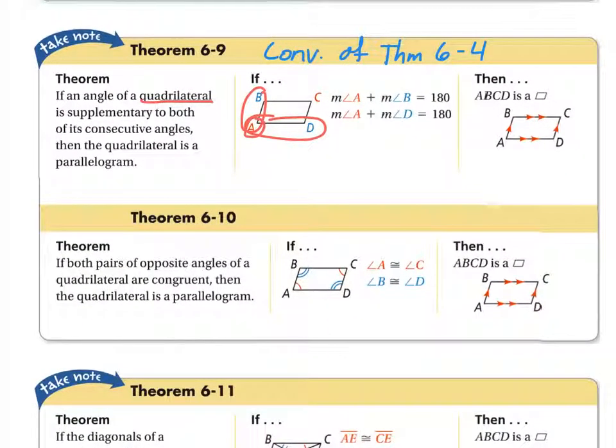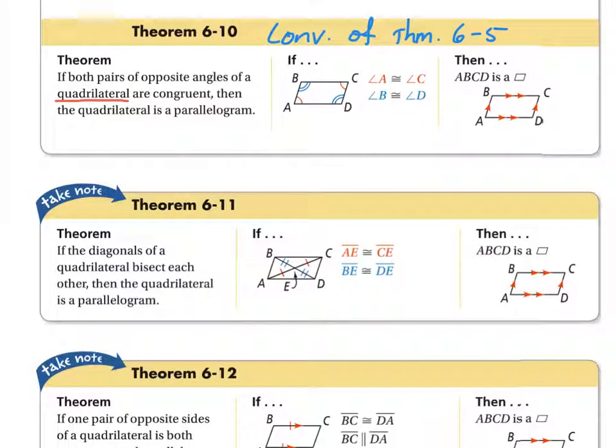Looking at Theorem 6-10. Theorem 6-10 is the converse of Theorem 6-5. Okay, and this theorem says that, again, we have to have a quadrilateral, but in a quadrilateral, if the opposite angles are congruent, then we have a parallelogram. Okay.